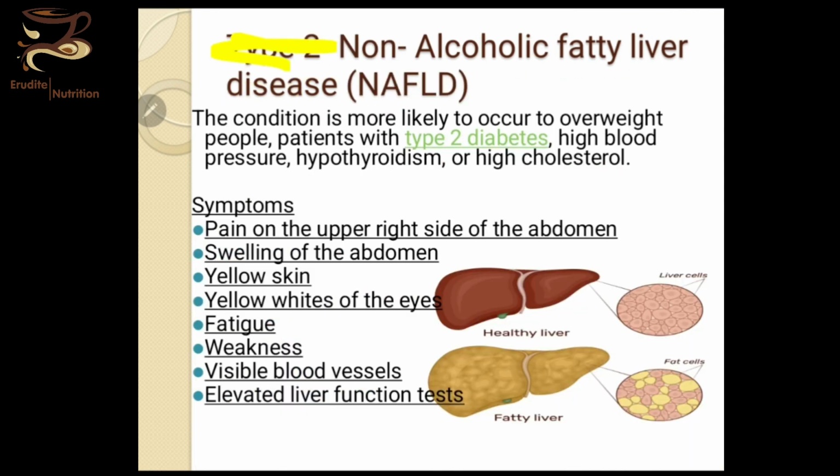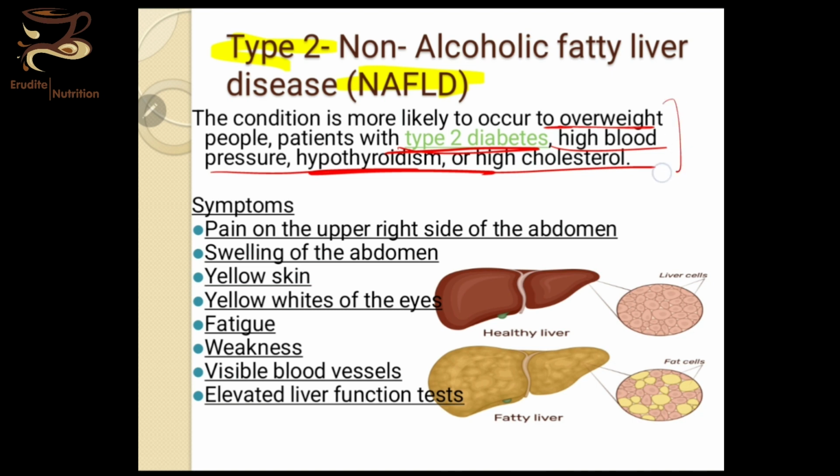The second type is non-alcoholic fatty liver disease, in which this condition is more likely to occur in people who are overweight or are diabetic patients having high blood pressure, hypothyroidism, and or high cholesterol, that is dyslipidemia.